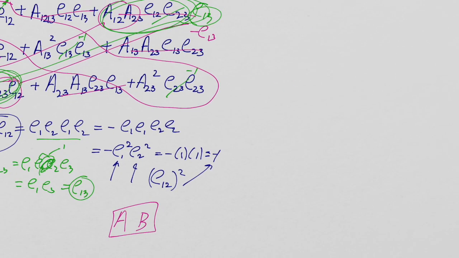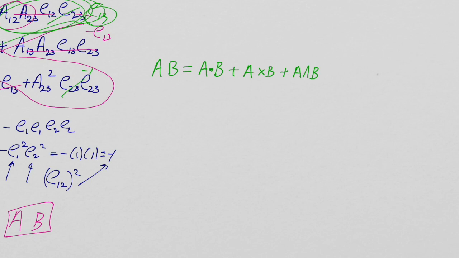And the way we expressed this before was something like this. We said the geometric product of 2 bivectors was A dot B, A cross B, and A wedge B, right? And in 3-dimensional algebra, A wedge B is always going to have 4 parts to it, so that's not going to exist in 3-dimensional algebra.